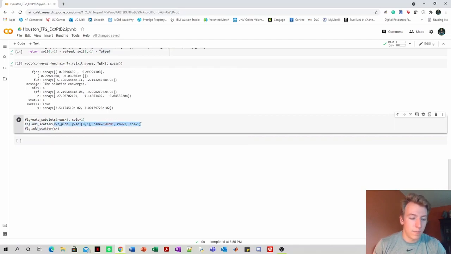We'll just have some stuff we have to change around. So x equals z plot, we want 1 here for the second part of it, and then instead of y H2O here, we can just call it TW for water temperature, and then we want row equaling 2 there instead of 1, and I think that should be good.